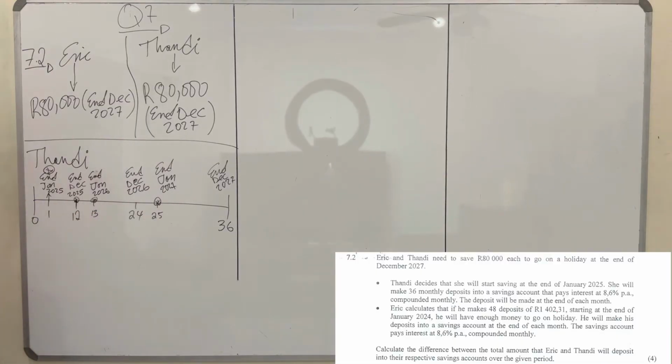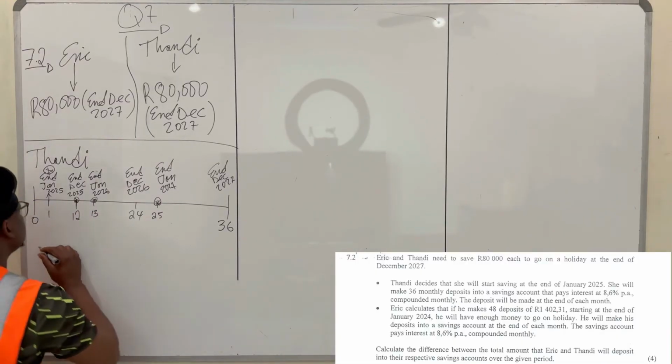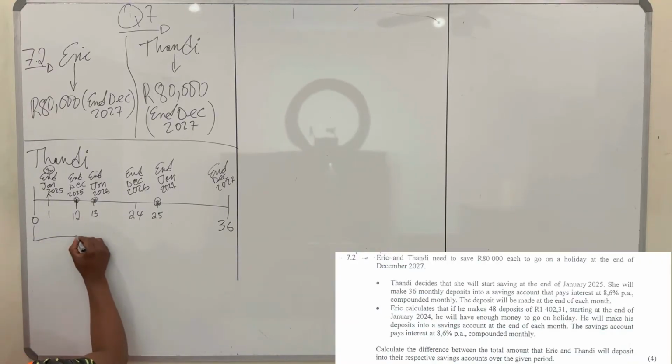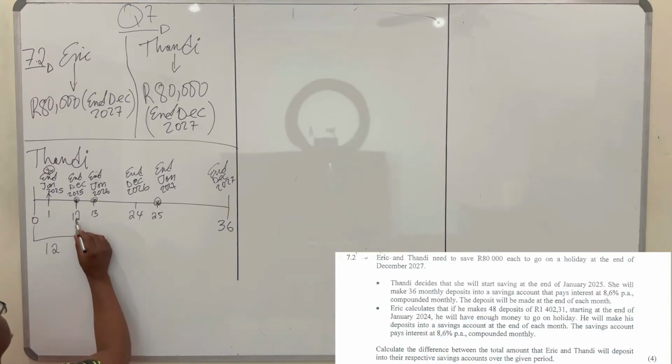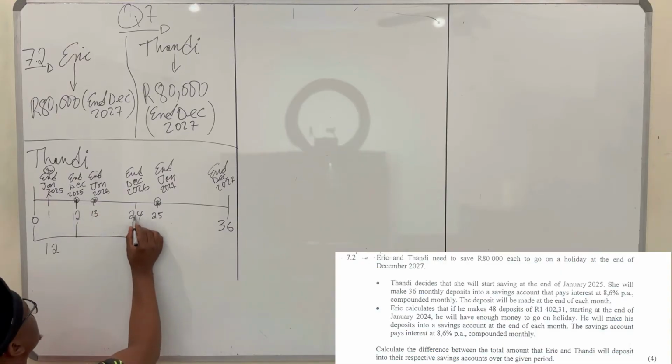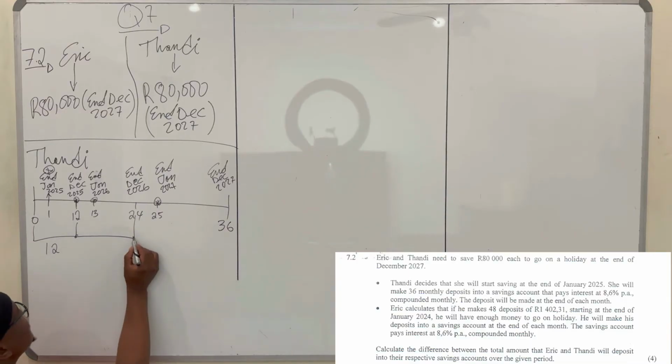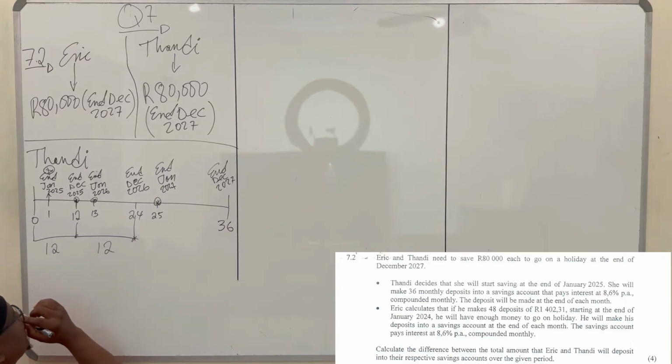So, the first year starts here and ends here. She made a total of 12 payments, right? Then, when this one ends, the new year starts, because this is the end of January, so your early January is somewhere here. So, the new year starts here, and it ends there. She made 12 payments here as well.